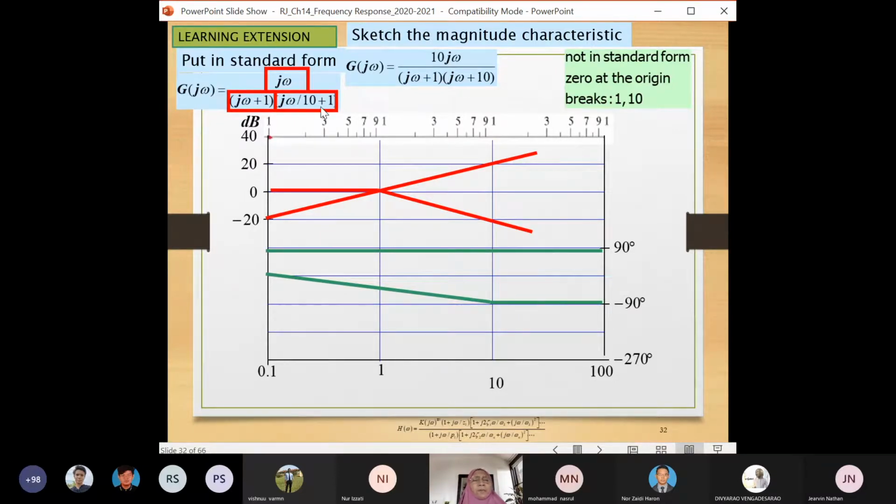For the second pole, okay, it is 0 until it reaches the corner frequency of 10.